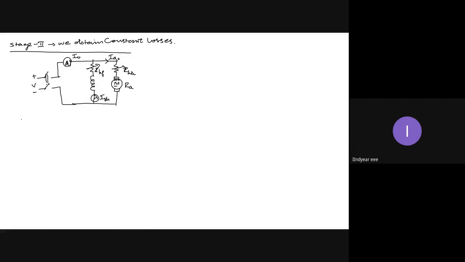So here, let V be the applied voltage, I naught the no load line current, and IA naught the no load armature current.